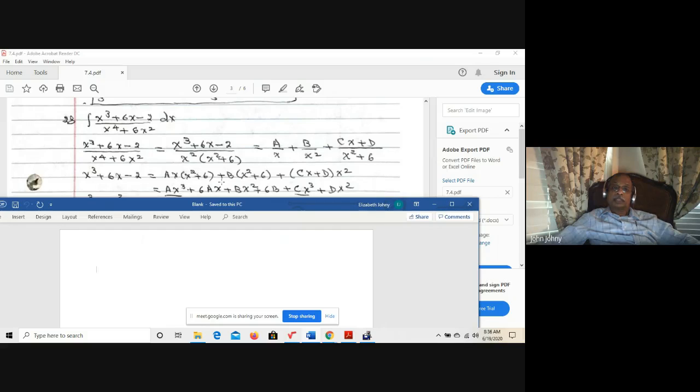ax cubed plus 6ax plus bx squared plus 6b plus cx cubed plus dx squared.